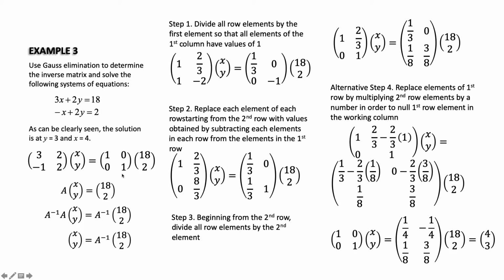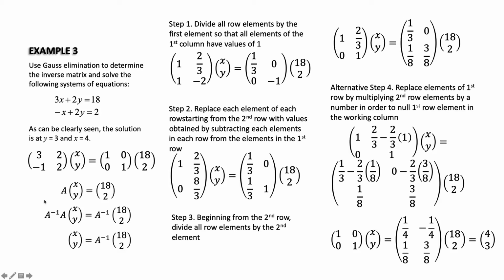Then you use Gauss elimination technique on both 2 by 2 matrices on the left-hand side and on the right-hand side of the equation without doing anything to the column matrices. In the process, the 2 by 2 matrix on the left-hand side will eventually be reduced to the identity matrix, while the identity matrix on the right-hand side will be transformed to the inverse of the original matrix.